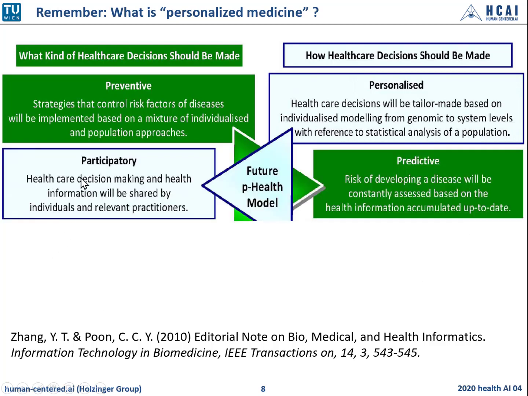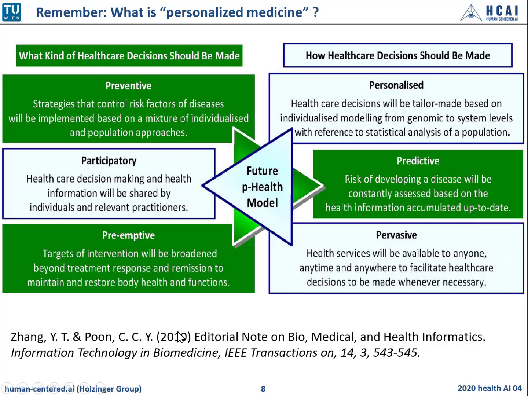Then the next step is participatory. That means healthcare decision making and health information will be shared by individual and relevant practitioners. And here, predictive risk of developing a disease will be constantly assessed based on the health information accumulated up to date.